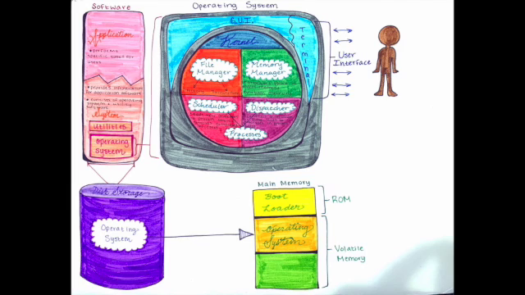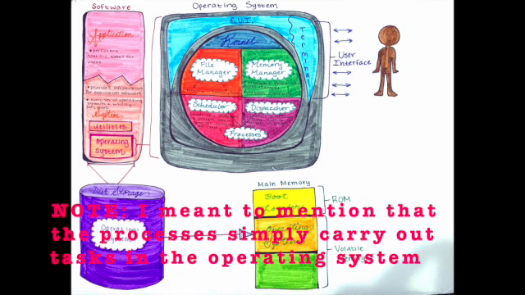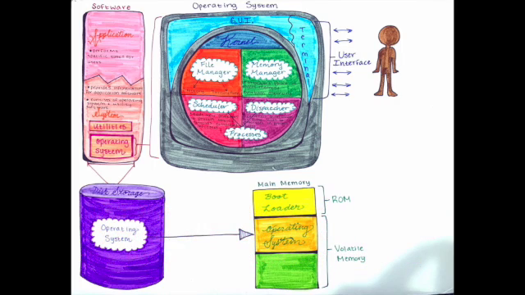So now we're going to go down to the bottom of the kernel on my diagram and talk about the scheduler and dispatcher and the processes, because they all kind of go together. With that process, you'll see the process state, which is just the current status of the activity or the process that is being executed. The program counter is a register that has the address of whatever is being executed at a certain time.